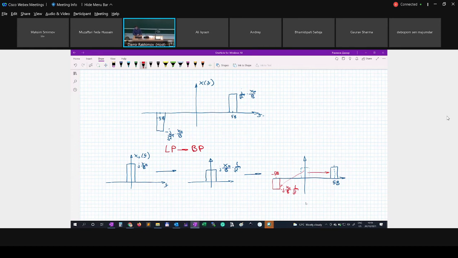You can also get exactly the same result just operating with the spectrum of the low pass signal in the low pass range. It also works, but again, there are different ways to get the same result. So you can choose any of them.